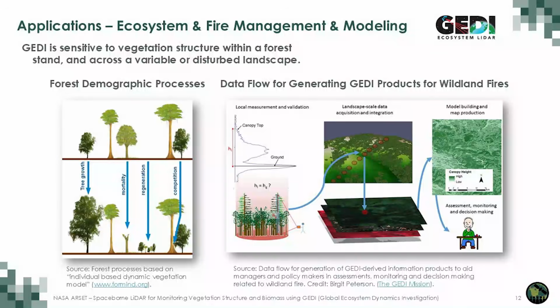An example data flow in the rightmost figure demonstrates how local measurements are matched to landscape scale measurements like those from GEDI or other remote sensing satellite-based sources. Integrating data at this scale over time enables greater spatial extent to monitor fuels or vegetation regrowth or ecosystem disturbances.